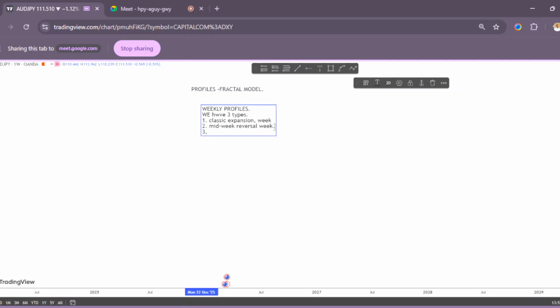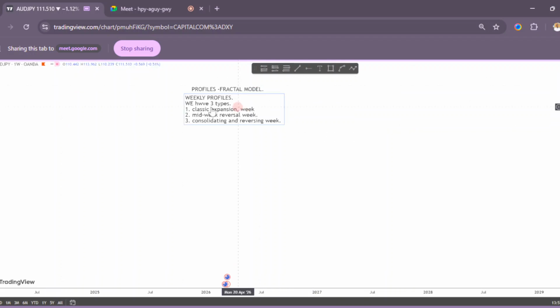And number three, we have something that is called a consolidating and reversing week. So these are the main profiles that we have. If we were to start with a classic expansion week, let me use this, it will be easier.